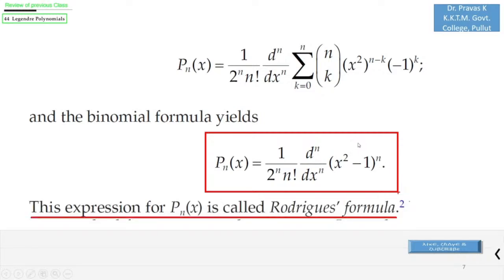This expression of Pn of x is called the Rodriguez formula.